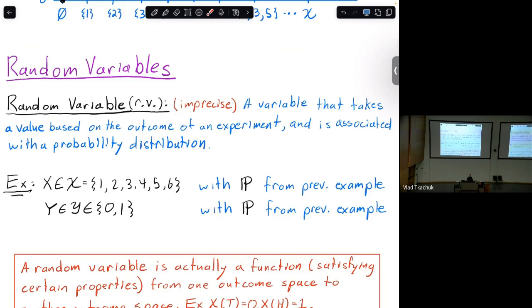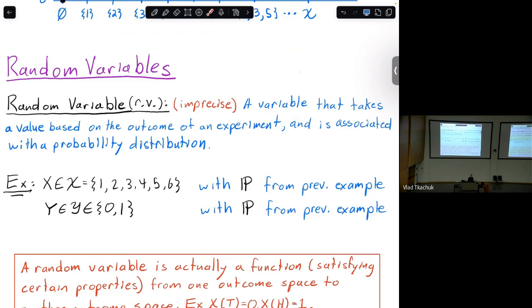Okay, so it's a variable that describes the outcome you get when you roll this dice or whatever. So the random variable is a variable that takes values in the outcome space. And the important part is it's also going to have a probability distribution associated with it, so that we can talk about things like what is the probability that this random variable takes the value of, let's say, 1, or what's the probability this random variable takes the value of 1, 2, and 3, and so on.